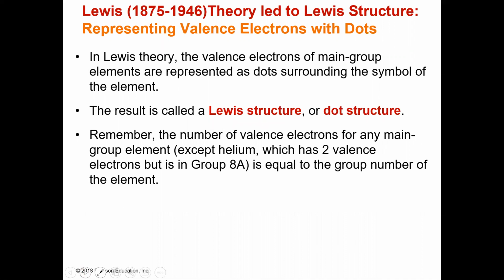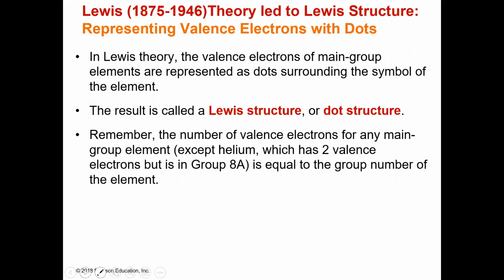So a lot of what we'll discuss in today's lecture is the Lewis theory. Lewis was actually a scientist that led to what we know as the Lewis structures. In this Lewis theory, we use the valence electrons of main group elements, which we represent as dots surrounding the symbol of the element.